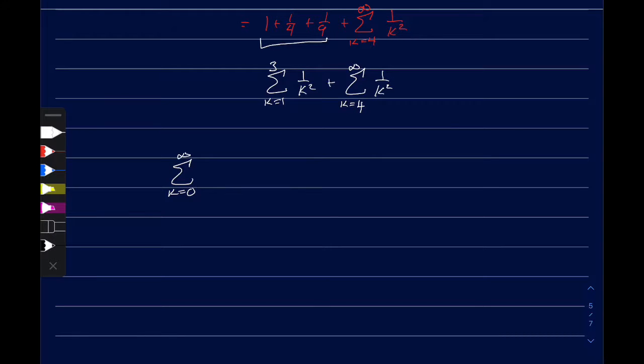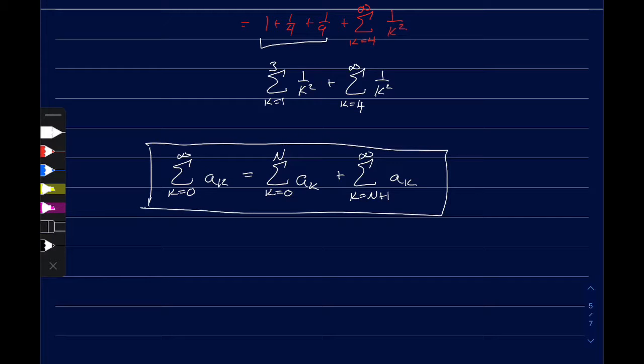So we can say that the sum from k equals 0 to infinity of a_k is equal to the sum, and we can pick any number greater than 0 in our case, but in general any number greater than the starting index, to some number n of a_k, plus the sum where k will then start at the next one and go to infinity.